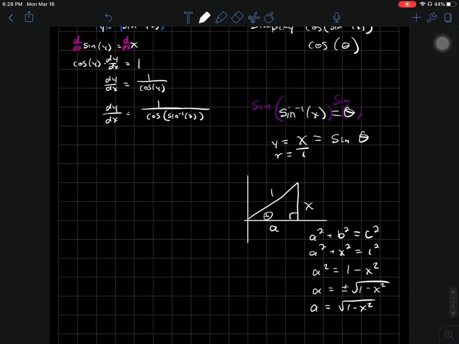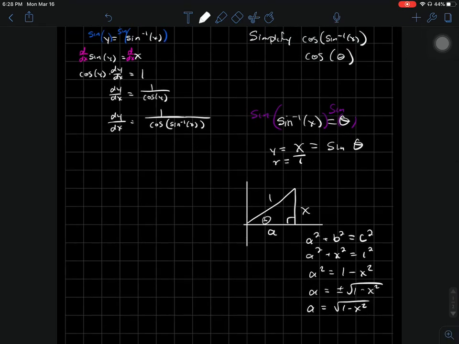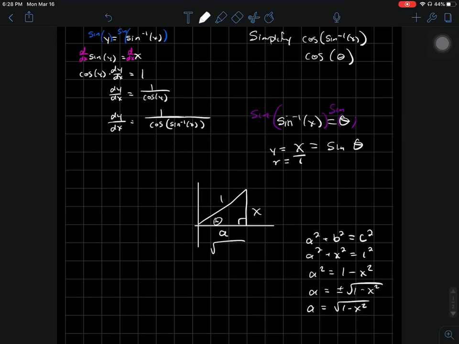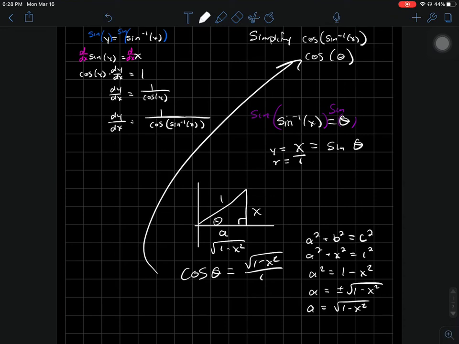So, to sum up what just happened, we are saying that this a right here is the square root of the difference of 1 and x squared. Therefore, cosine of theta is the adjacent leg, the square root of 1 minus x squared, over the hypotenuse, which reduces, come back up here to what I was trying to simplify, to the square root of the difference of 1 and x squared.